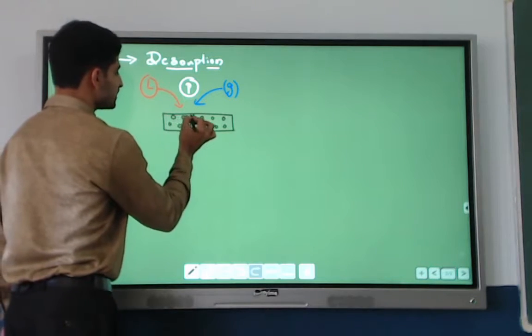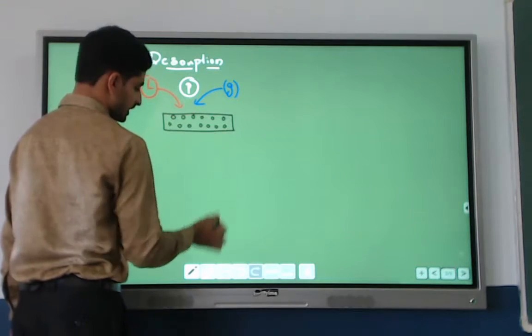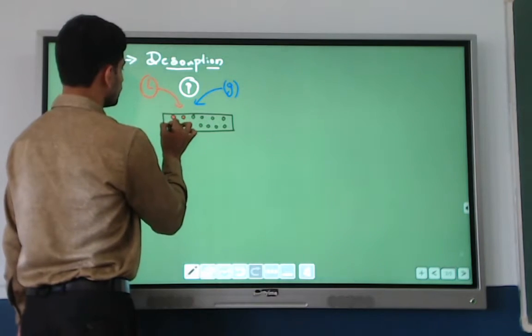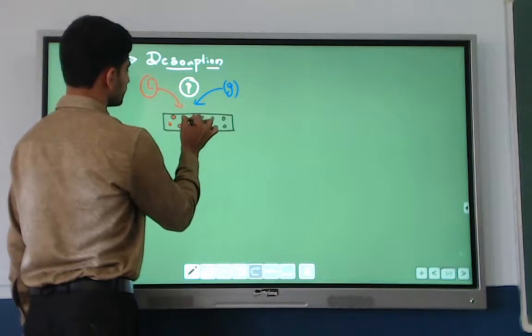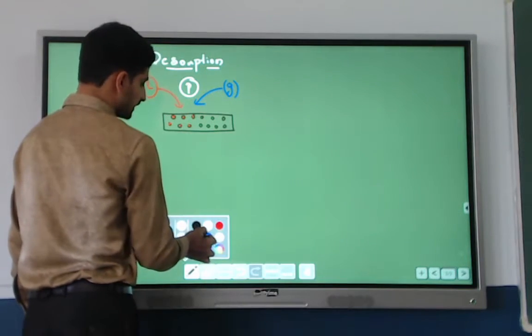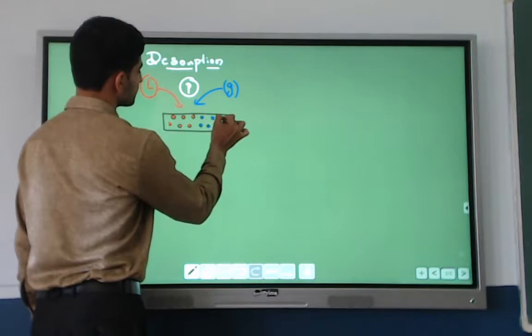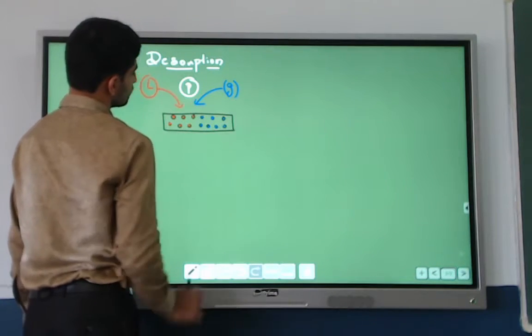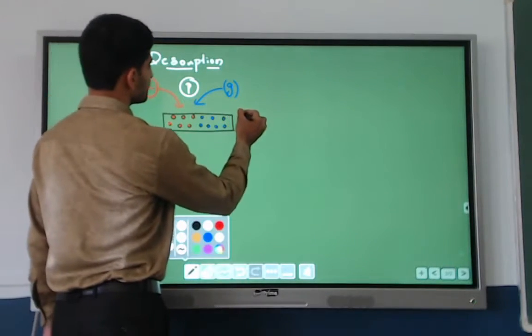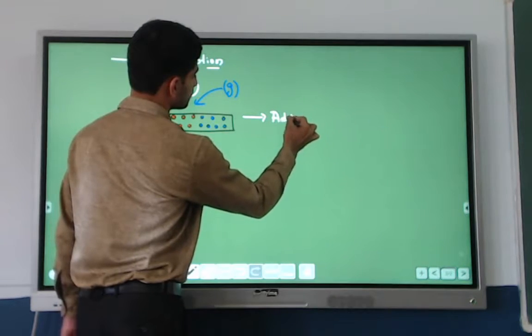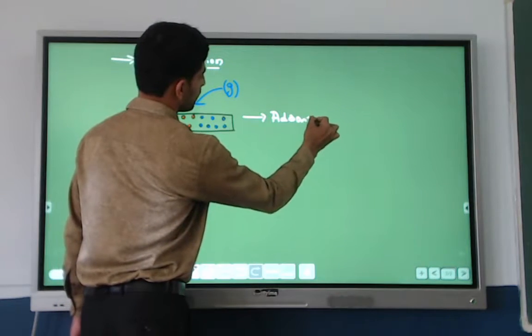Due to the presence of these free valencies or empty spaces, those liquid molecules and gas molecules are going to accumulate on the surface of this charcoal. This process is what we call adsorption.